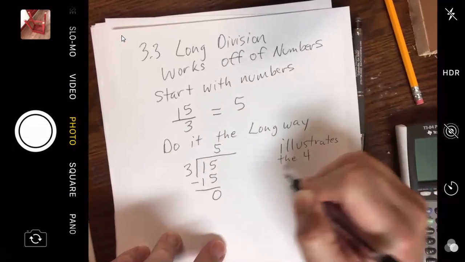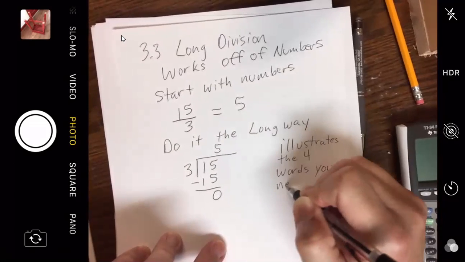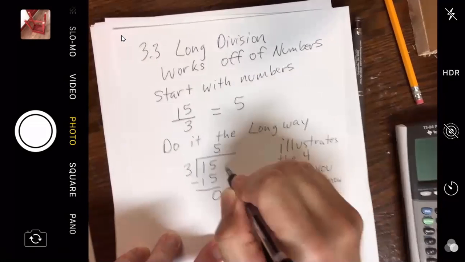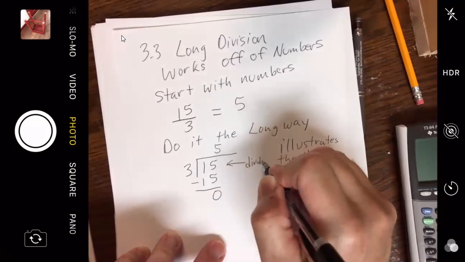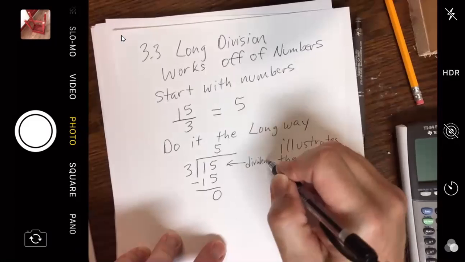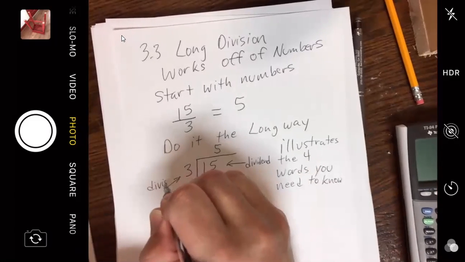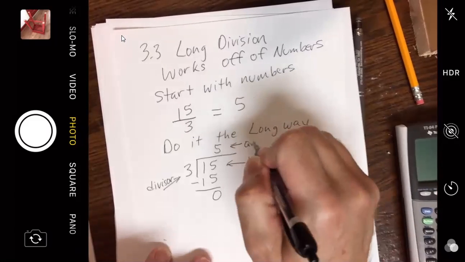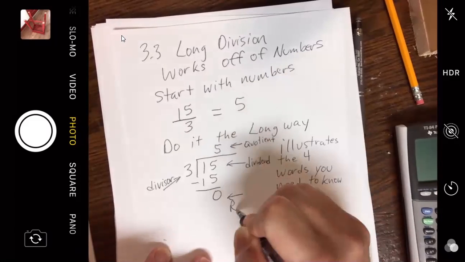The 4 words you need to know. This number here, dividend, divisor, quotient, remainder.